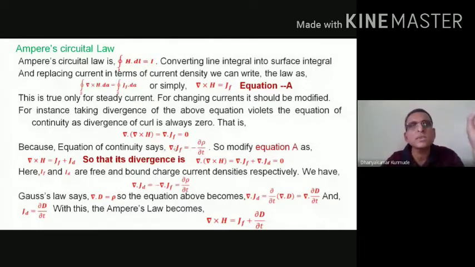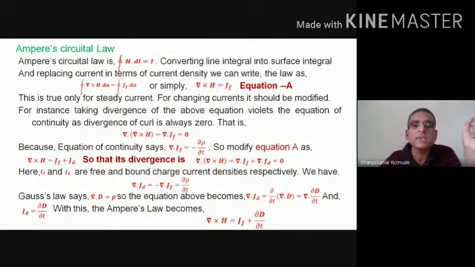Now let us assume that the charges within the volume go outside of the volume. They cross the surface of the volume and go out. What will happen as a result? As the charge moves out of the volume, the charge density within the volume will decrease. So if rho is the charge density, then d rho by dt, or we can say dou rho by dou t, will represent the rate of change of charge density.